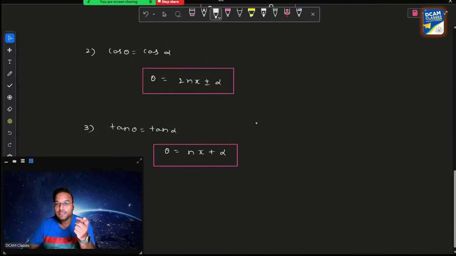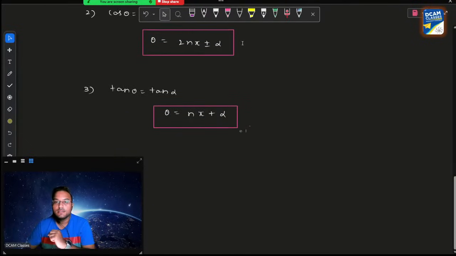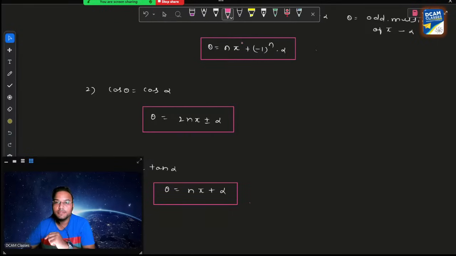can you give me the general solution of these? Let me show them. This is for sine theta is equal to sine alpha. These are three results. I want general solution for A, sine theta is equal to 0.